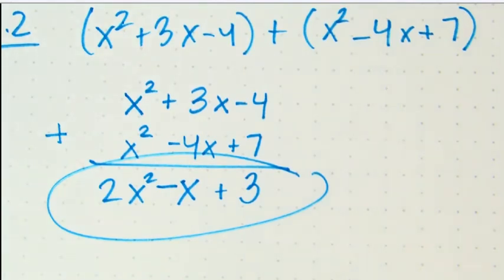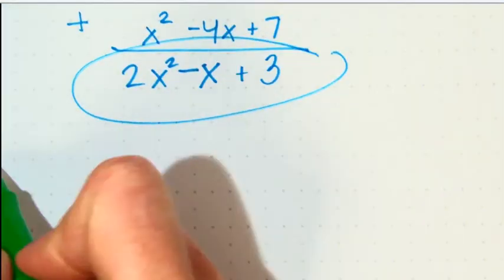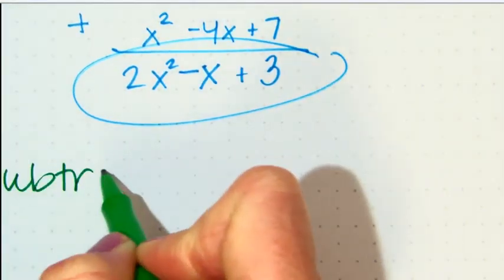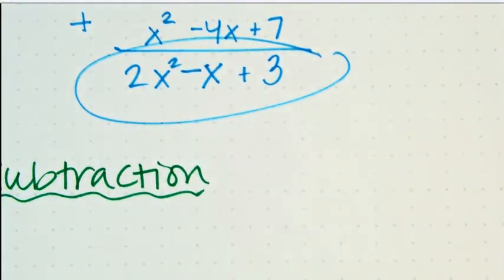Questions? Okay, so the last thing we're going to look at is subtraction, which really turns out to just become something that we turn into addition. All right. So make a little note that we're subtracting.